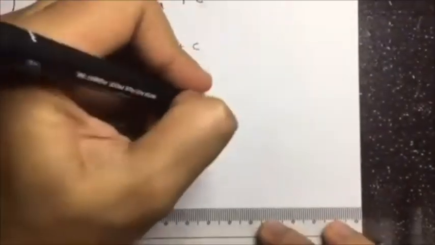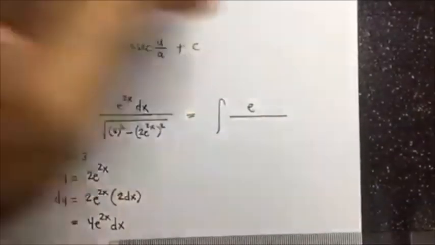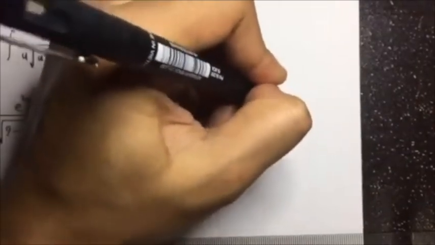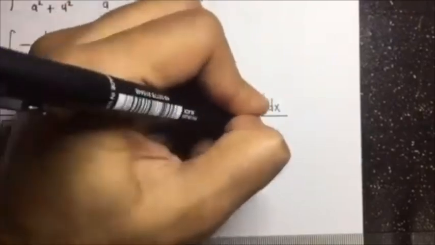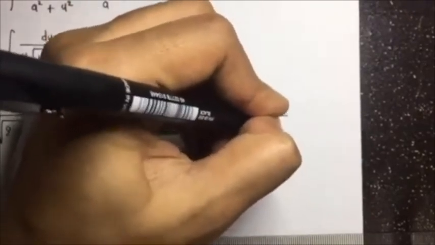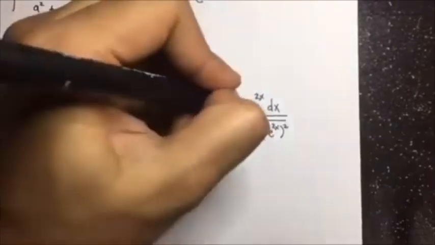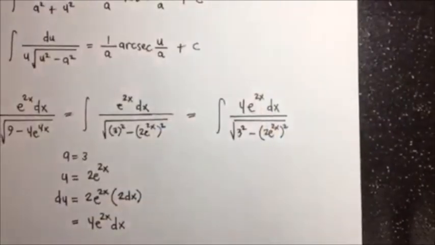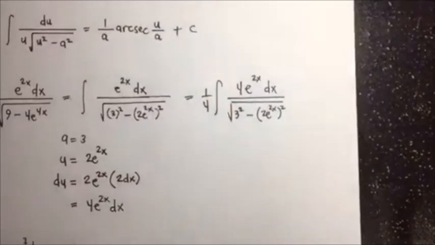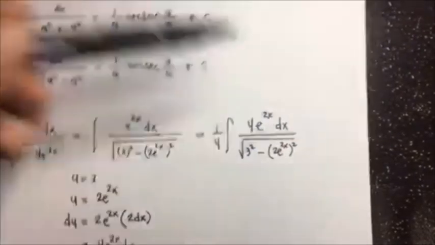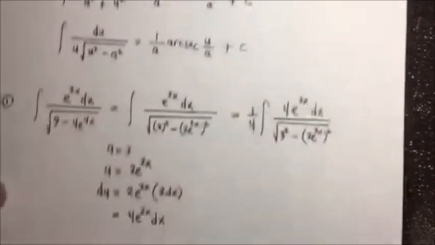So this will become the integral of e raised to 2x dx over square root of 3 squared minus 2e raised to 2x squared. Again, we have a missing 4, so outside the integral sign, we must write 1/4. So the differential is now complete. Then we can now apply the formula arc sine of u over a.